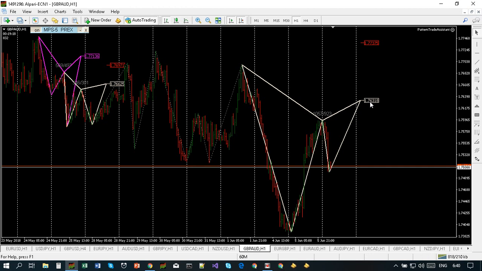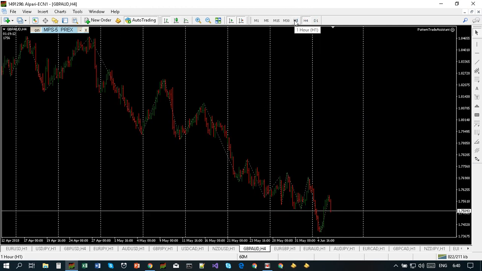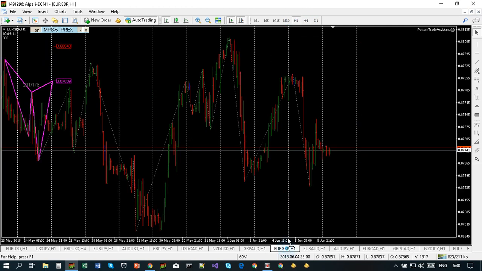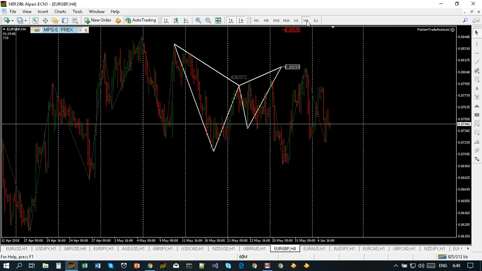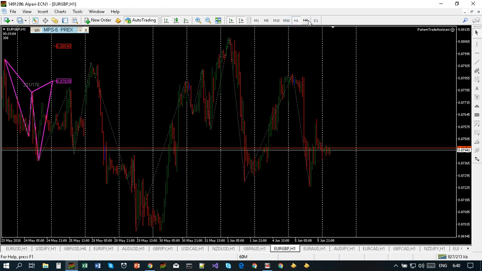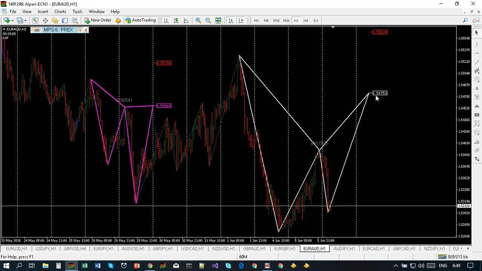Okay, another pattern is 76.31.8, pound Aussie 1 hour, 4 hour is nothing. Euro GBP, nothing here on 1 hour, 4 hour, also nothing. Euro Aussie, it is 54.75 completion of a unified godly.